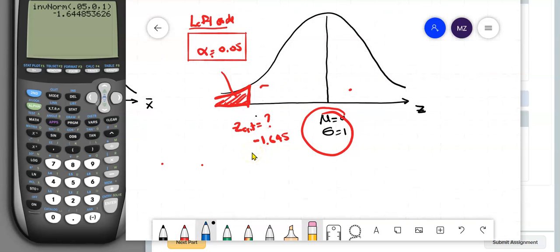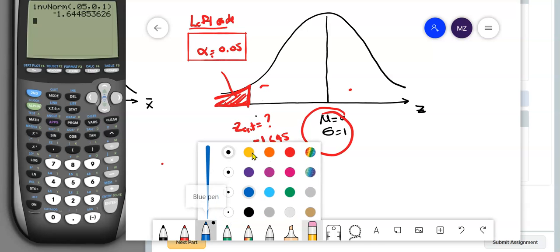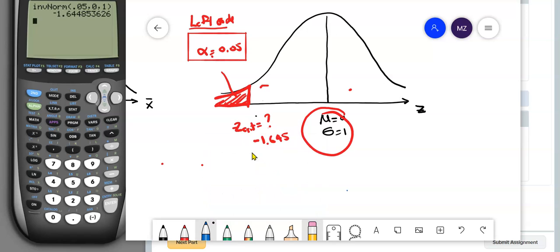How do you get the z test? You have to use the formula, which is x bar minus mu, divided by sigma divided by radical n.